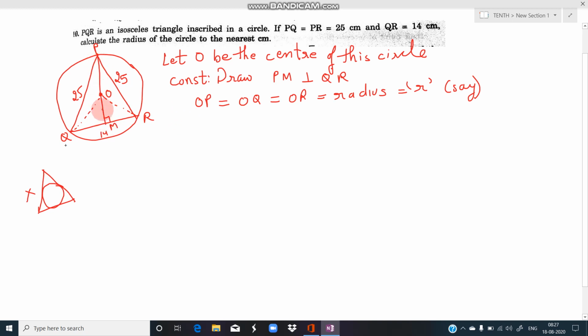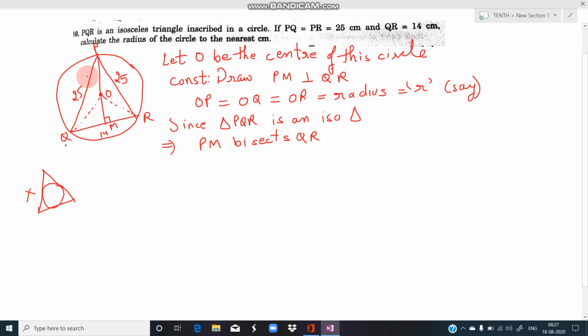And how are we going to prove? Now we have drawn PM perpendicular to QR, and this PQR is an isosceles triangle. So what does that imply? Since this triangle PQR is an isosceles triangle, this PM will bisect QR.